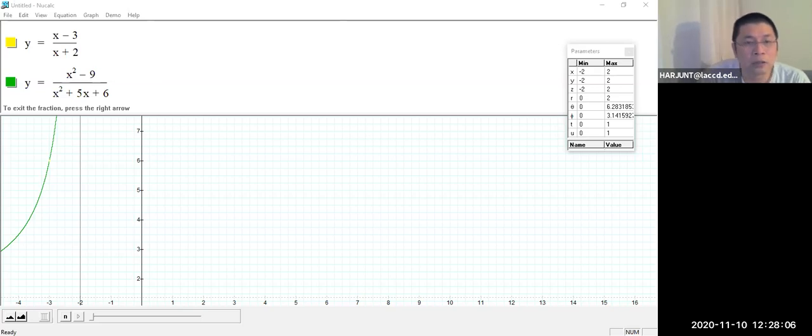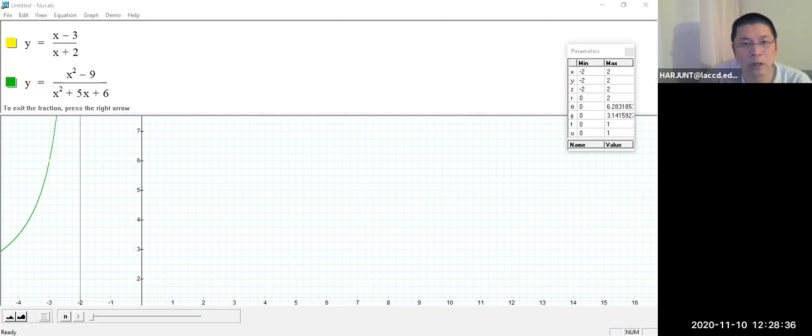Okay? These two functions, the simplified version is the same as the original one, except at x equals -3. Now, the domain here is all real numbers except -2, right?